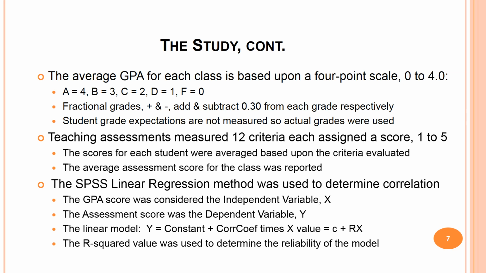The formula y equals c plus rx, where c is a constant or y-axis intercept and r is the correlation coefficient, was used. Given this model, we would expect that a student grade of A would result in their assigning a certain assessment score, while the student receiving a grade of C would record a different score.